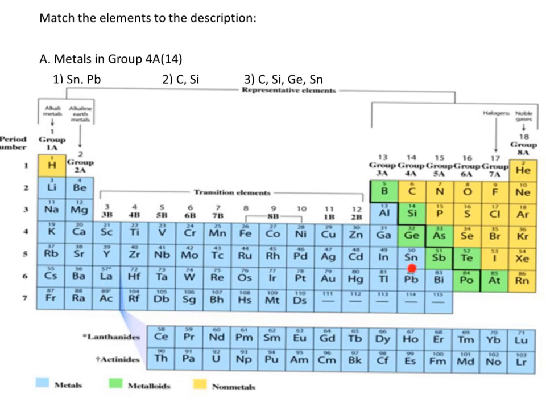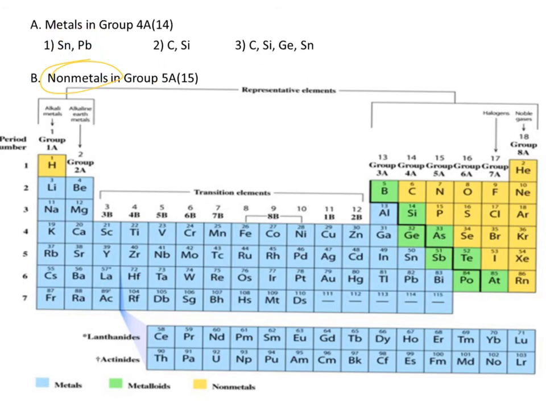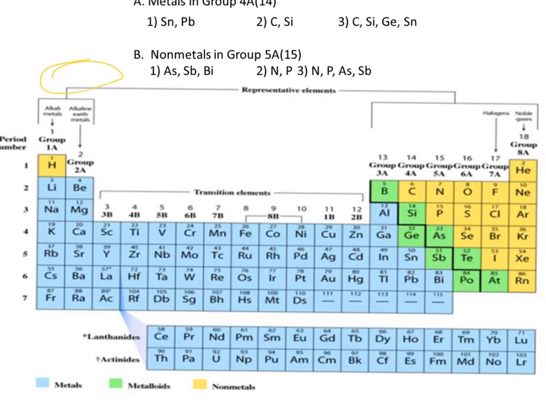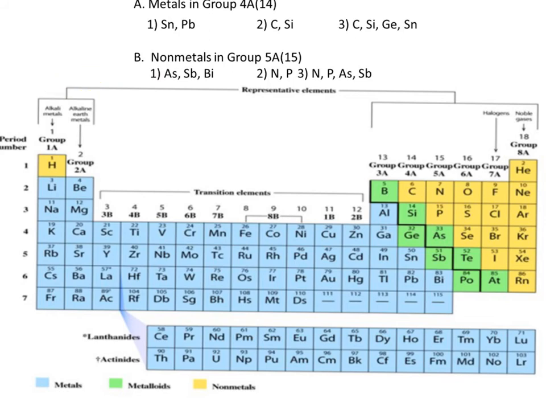So we've got tin and lead. Next question asks us: nonmetals in group 5A. So now we're looking right next door in group 5A, and we're wanting the nonmetals. The nonmetals are the ones on this side of the line, so that would be nitrogen and phosphorus.